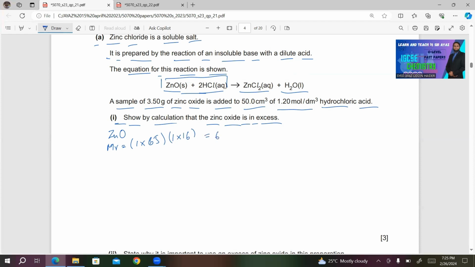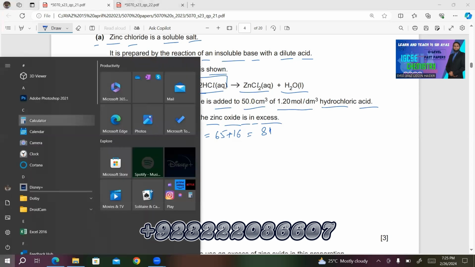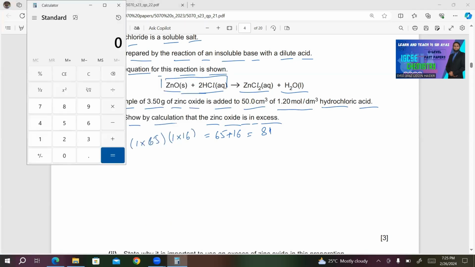So we have 65 plus 16 and it gives 81. For your convenience, I am showing the calculation: 65 plus 16, you see the answer is 81.